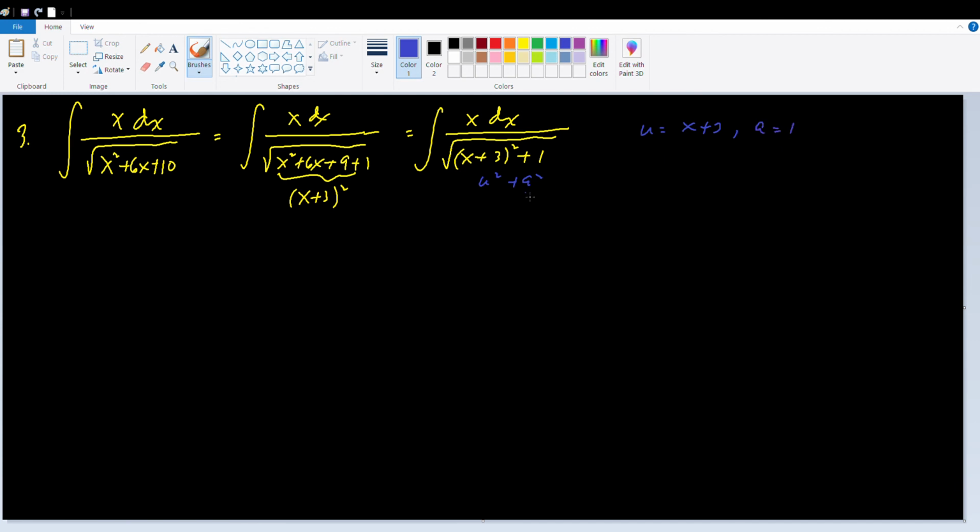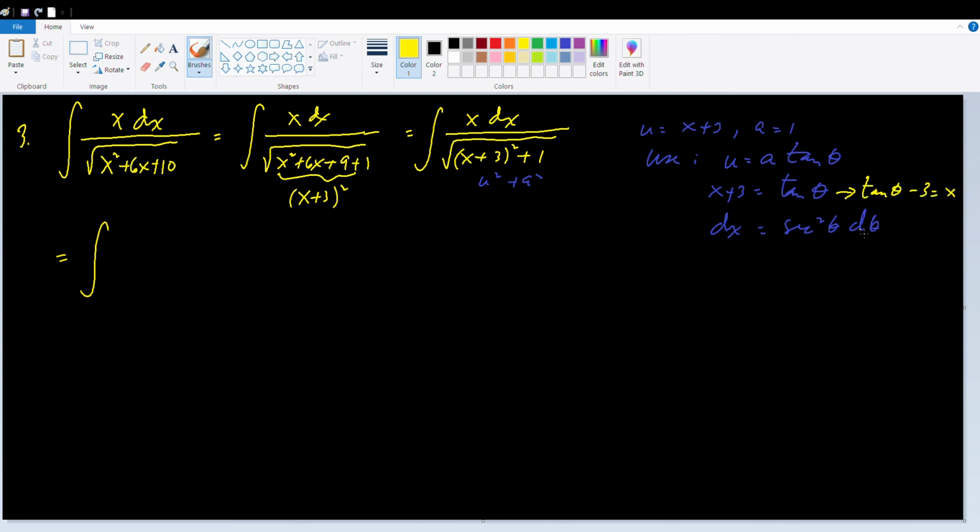So for the expression a squared plus u squared, we use u equal to a tangent of theta, or x plus 3 equal to 1 tangent theta. Getting the differential, we have dx equal to secant squared theta d theta. So we continue. Our x will be tangent of theta minus 3.